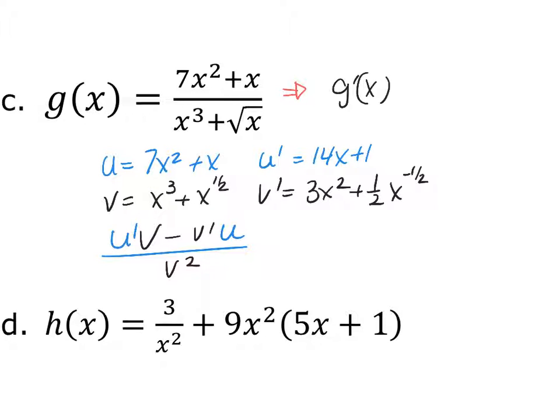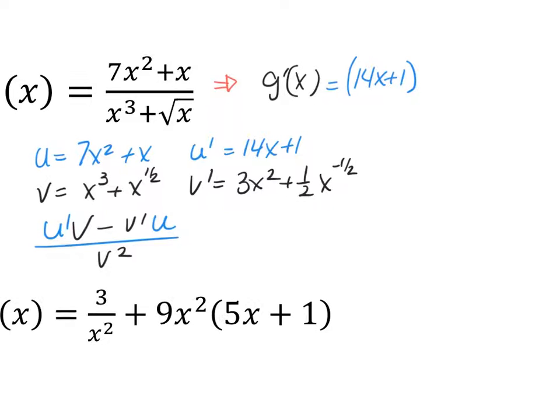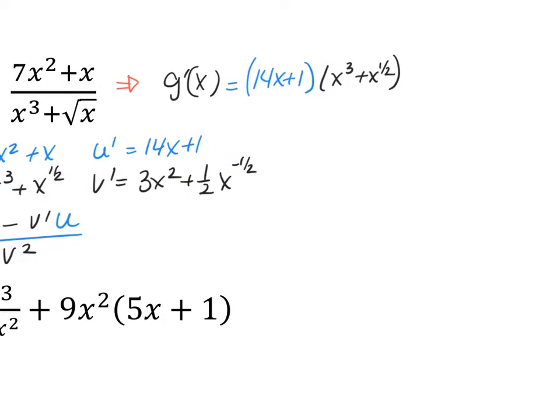So following the same rules here, I'm going to write first on my piece of paper equals 14x plus 1. That is u prime. I multiply that by my v, which is x cubed plus x to the 1/2. And then minus the derivative of the v, so v prime, so it's 3x squared plus 1/2 x to the negative 1/2.